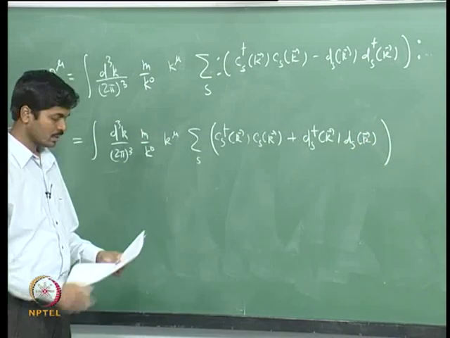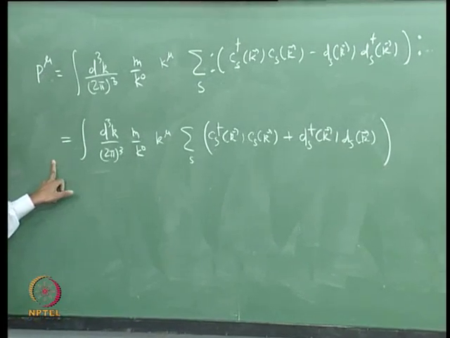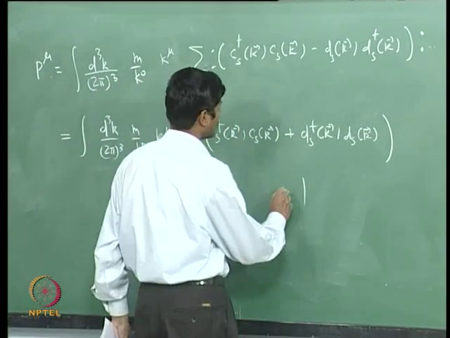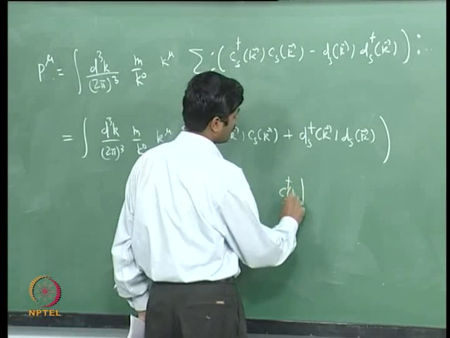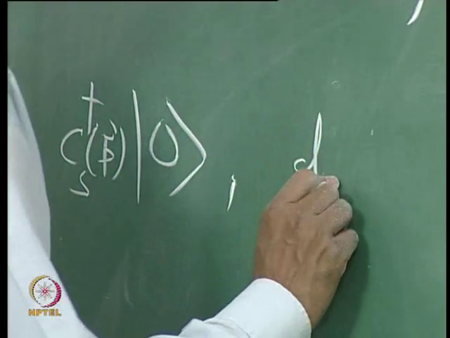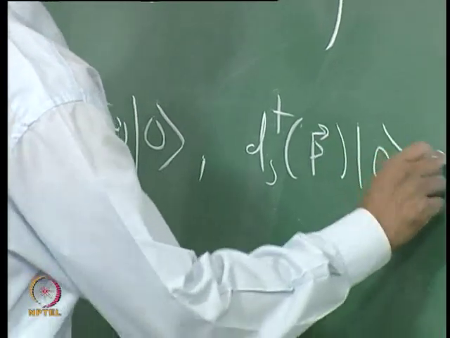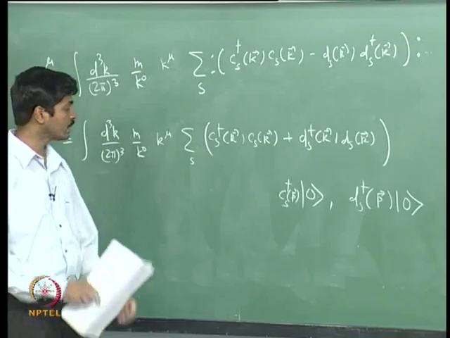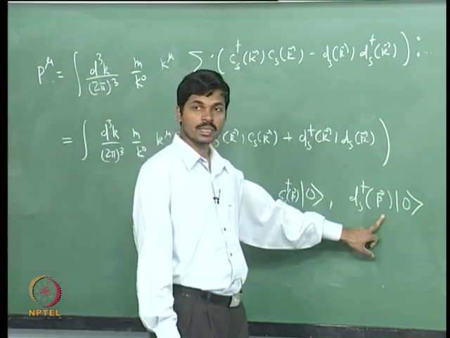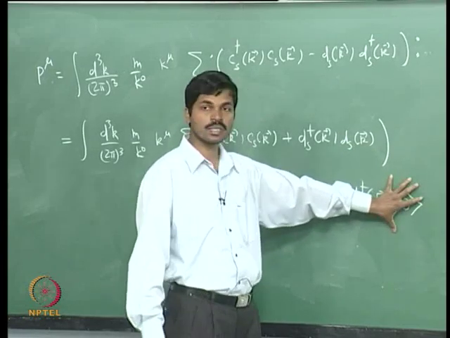Okay. So you can take the energy operator for example, and then you act on one particle states like C_s dagger of p or d_s dagger of p acting on vacuum, and then you will see that this will have one quantum of energy and so will this state. There is nothing negative about this. It is not a negative energy state.